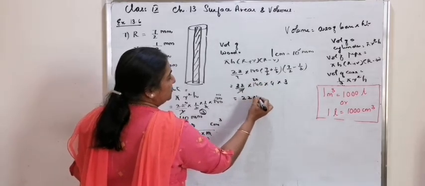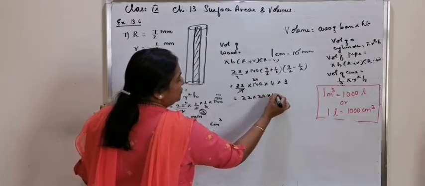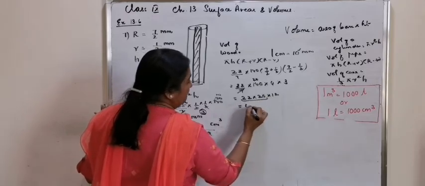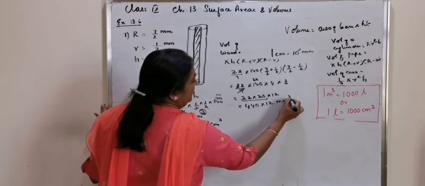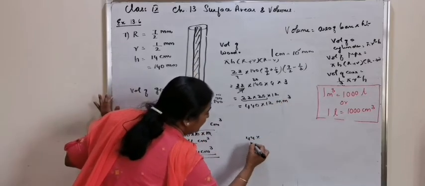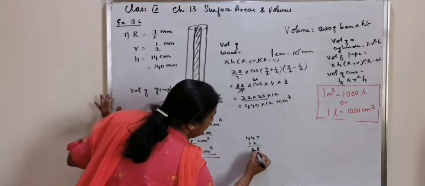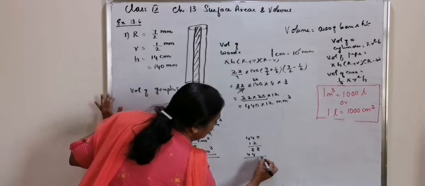So 22 into 20 into 12, or 440 into 12, that many millimeter cube, 44 into 12. 4 2s are 8, 8, 1 4 is 4, 4.